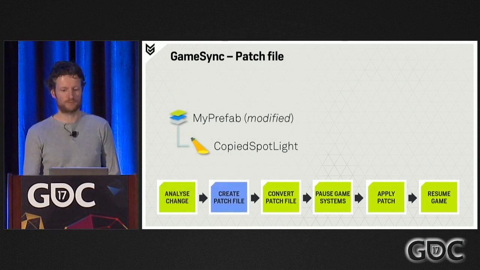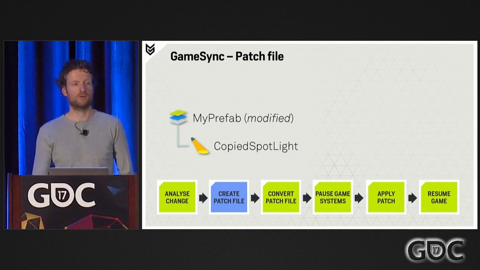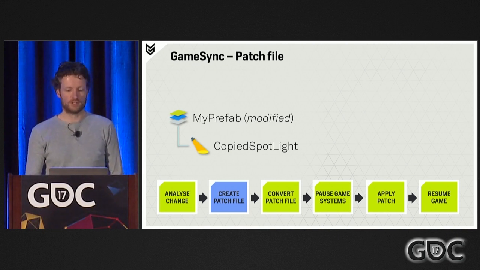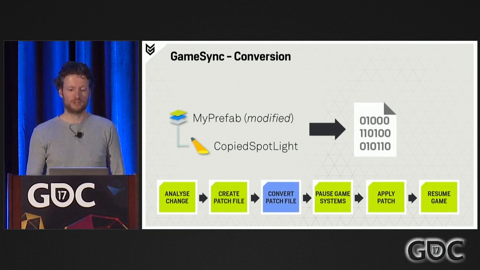The analysis phase writes out a single Cortex file containing all required objects. In this example, it contains the prefab, as it will contain a reference to this new spotlight, and obviously the file will contain the new spotlight itself. This Cortex file is then converted into a binary file and saved to disk, ready to be loaded and inserted into the game.